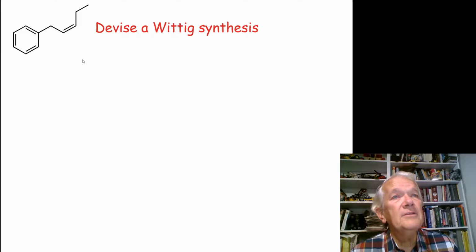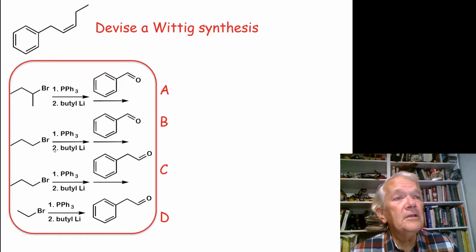So let's devise a Wittig synthesis. Here, look at these candidates. Pause the video for a second, and select the one that you think is going to work. So, okay. What are we going to look for? Well, the best thing to do is to count the sides. Here we have the phenyl, there's one methylene, and then this needs to be the carbonyl.